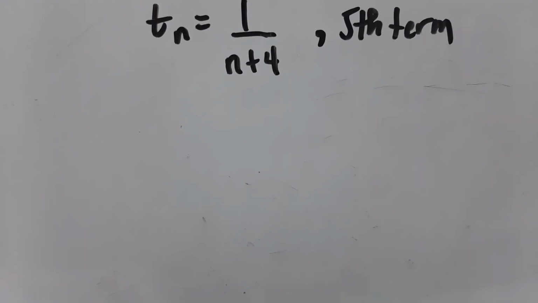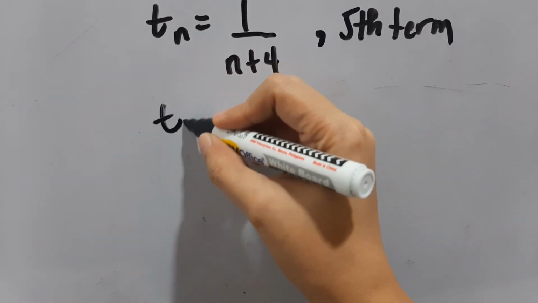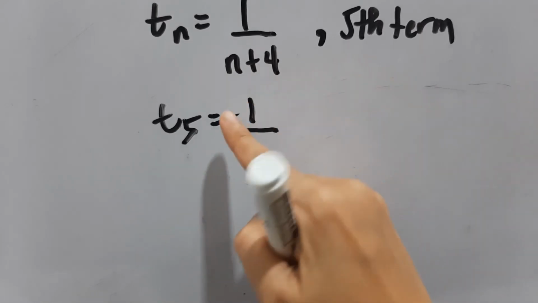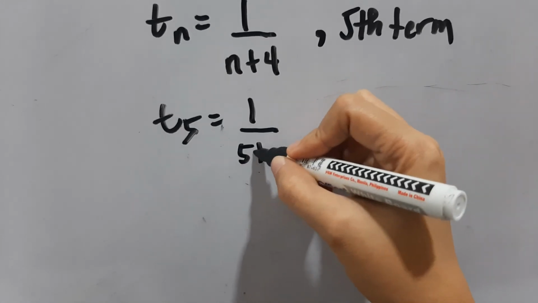So what if you're asked to find the fifth term of the given formula t sub n equals 1 over n plus 4? This is very easy since it's the fifth term, so you look for t sub 5. And substitute the value of n to the formula. So n will be 5 plus 4.